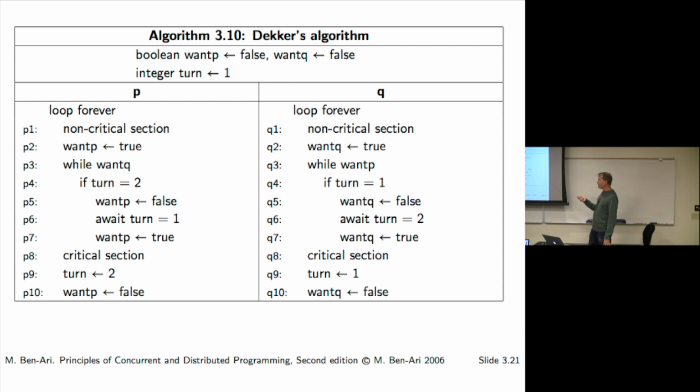And in addition to this, we have another variable called turn. Turn is not Boolean, it's a number. Do you remember what turn indicates in Dekker's algorithm? Whose turn it is to insist that the other go in.